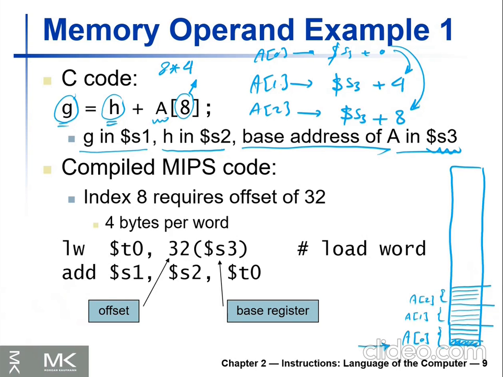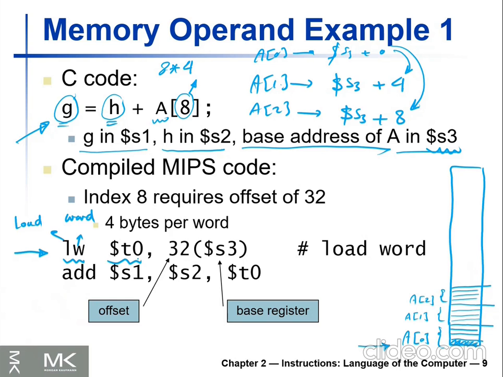How to write this? To do this, as we said, we should first load A of 8 into some register and then do the addition. So we're going to use load word. L means load, and the W means word, 4 bytes. Load to what? To register T0.